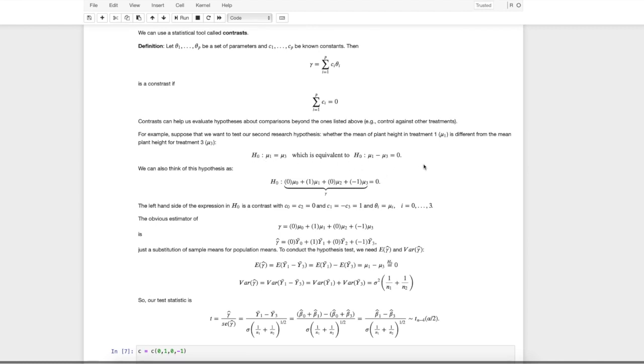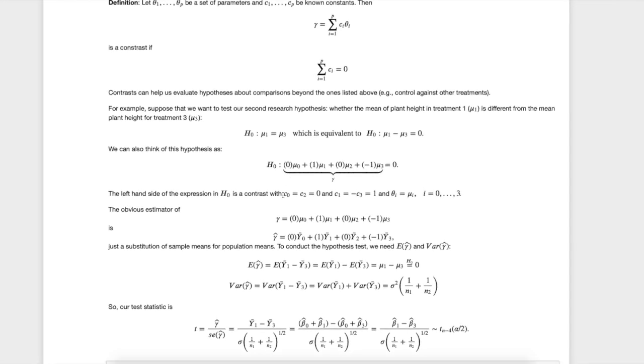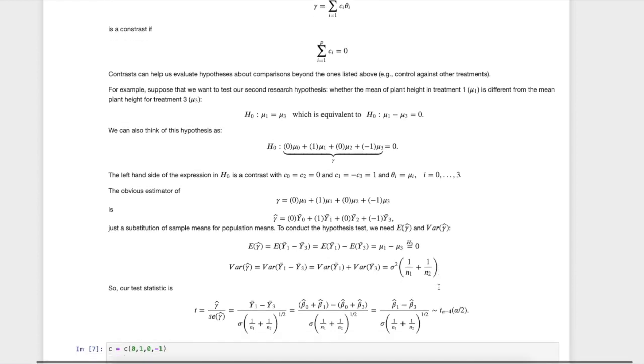So I've written the hypotheses out here, and just as we did in the last lesson, we noticed that we can understand the null hypothesis in terms of a contrast gamma. And on the left side of the expression, we see how we can actually write down the coefficients so that this thing is in fact a contrast. And then I do here what I did in the last lesson, which is just go through the estimation procedure, calculate the expected value and the variance so that we can come up with a test statistic.